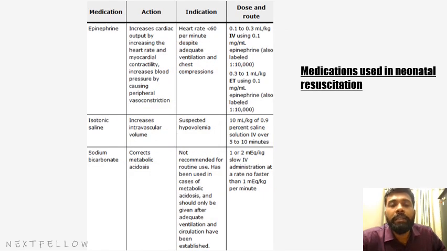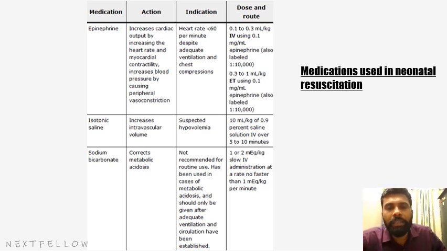And these are the medications which we use in neonatal resuscitation: epinephrine, isotonic saline, and very rarely sodium bicarbonate also. What does adrenaline or epinephrine do? It increases the cardiac output by increasing the heart rate and myocardial contractility, and also increases BP by causing peripheral vasoconstriction. Indication is bradycardia less than 60 per minute despite adequate ventilation and chest compression.